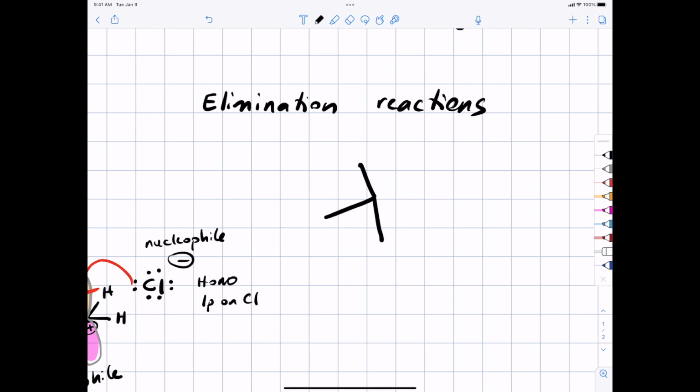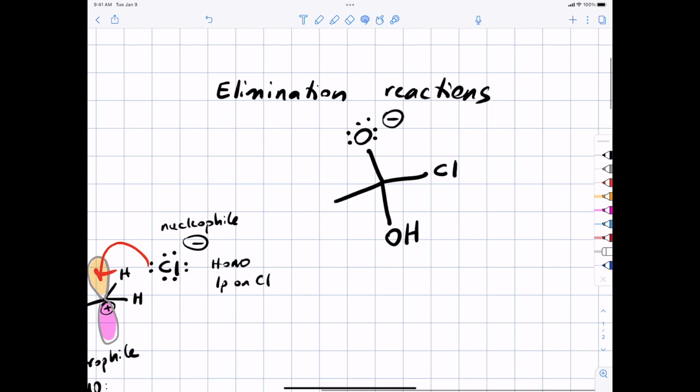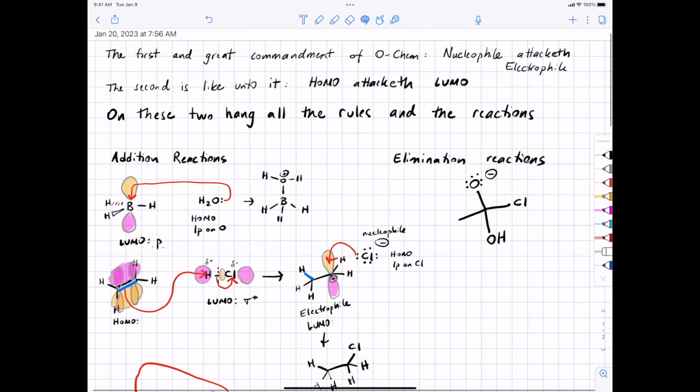One that is sort of simple enough is an elimination reaction that just happens on a single molecule.